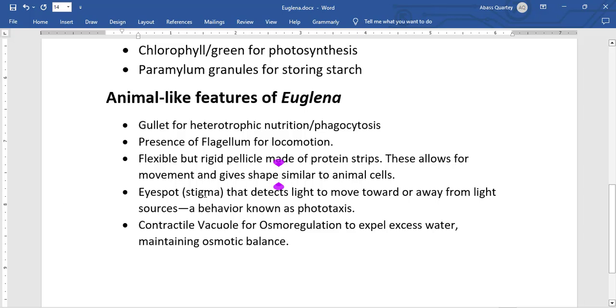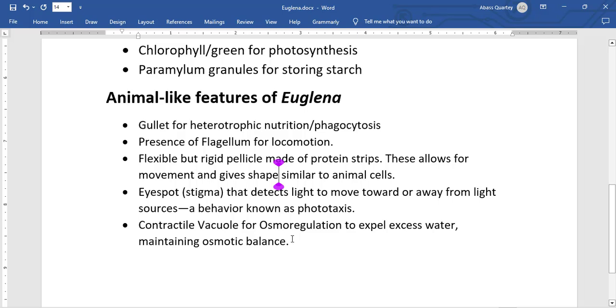And as I said, there's the eye spot or stigma that detects light to move toward or away from light sources, a behavior known as phototaxis. So this feature also gives it an attribute close to animals.